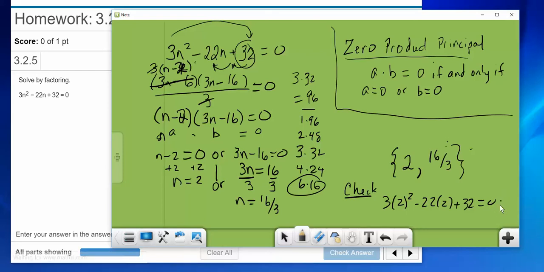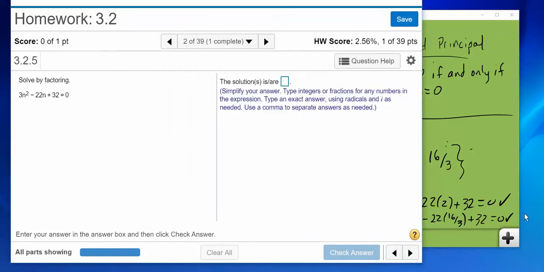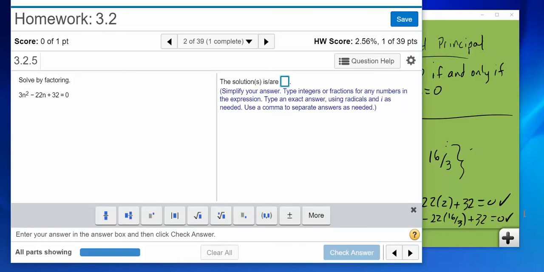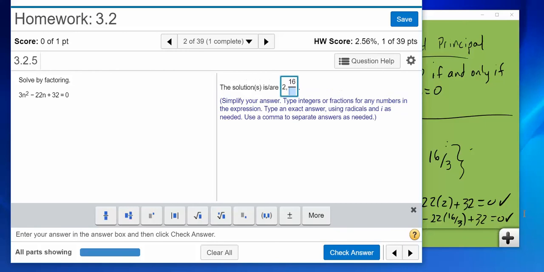And then of course I can do it with the 16 thirds. And check to see that that equals 0. Okay, which it does. All right, so then my two answers are 2, comma, 16 thirds.